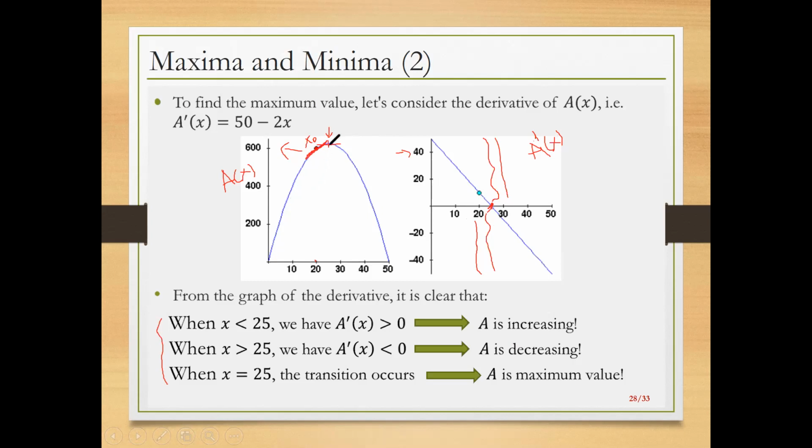So the transition takes place at x equal to 25, and therefore this point where it changes is the point of optimal value, that is 25. And we see that, in fact, to have a rectangle of perimeter 100, the rectangle should have sides equal to 25, which would obviously be a square. Is it clear?